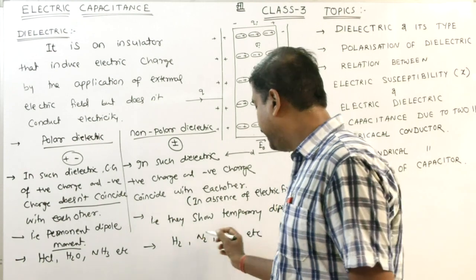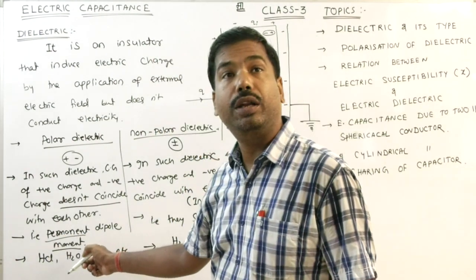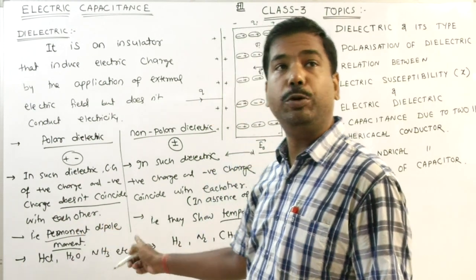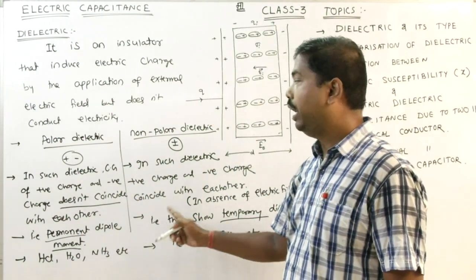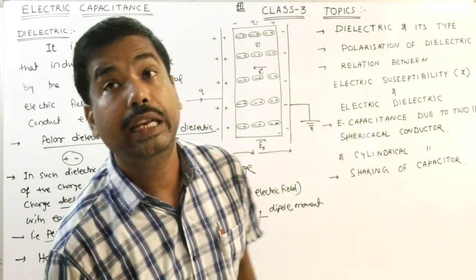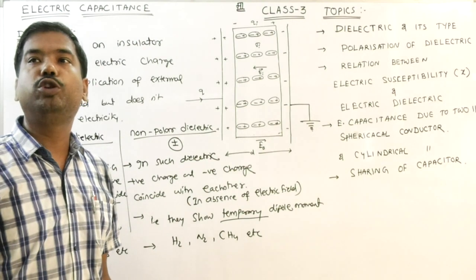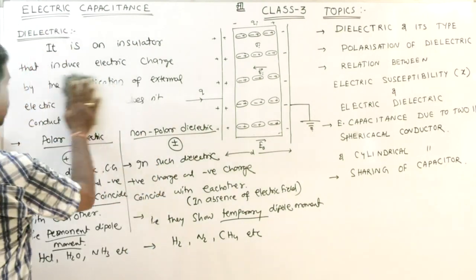So, they possess a temporary dipole moment while polar ones possess a permanent dipole moment. Clear? This is the difference between the polar dielectric and non-polar dielectric. But very, very important: in absence of electric field they are distinguished, but in presence of electric field both behave similarly.